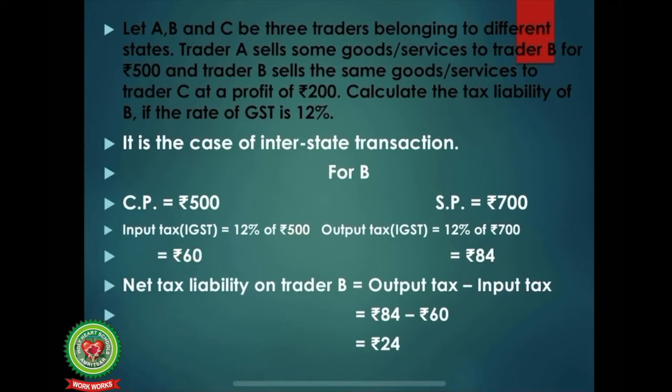And the output tax, that is also the IGST only, which is equal to 12% of rupees 700, which is equal to rupees 84. So therefore, the net tax liability on trader B will be equal to output tax minus input tax, which is equal to 84 minus 60, which comes out to be rupees 24.